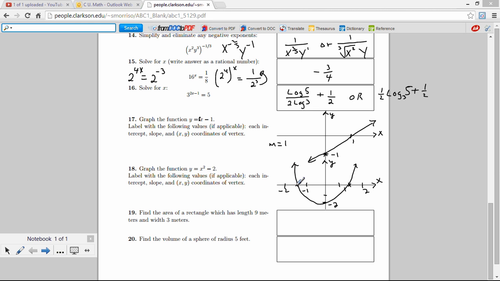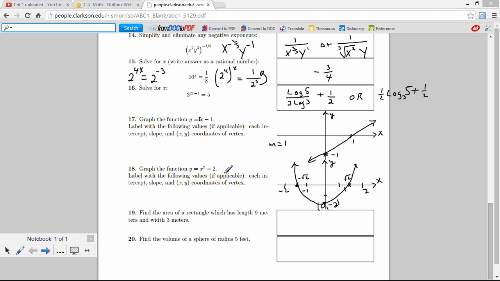So you should actually identify those as well, right? This is negative square root of 2, and this is positive square root of 2. Okay. And the turning point is pretty well identified. If you wanted to list it as 0, -2, you certainly could. All right, but that's a good workable diagram.